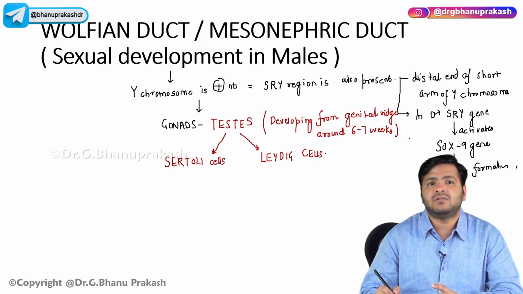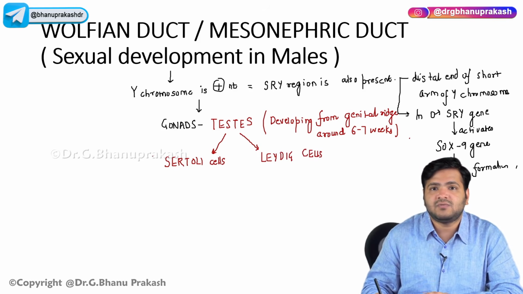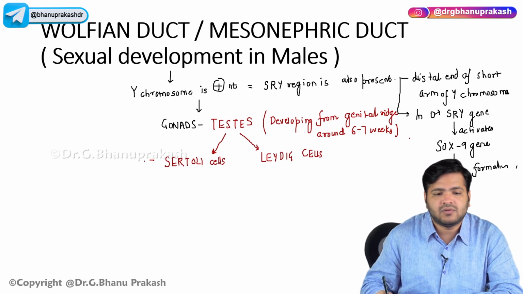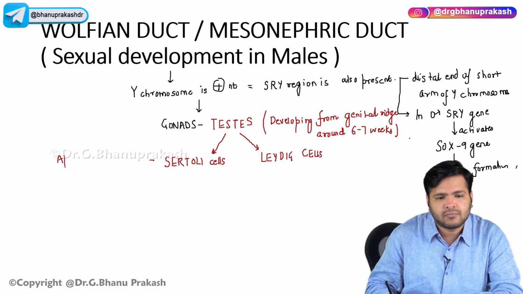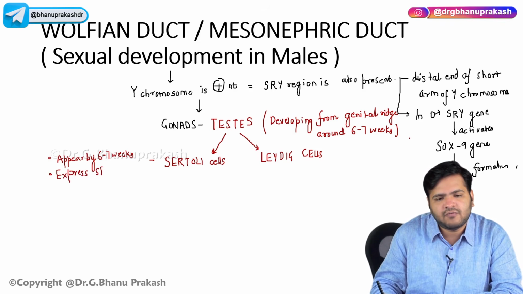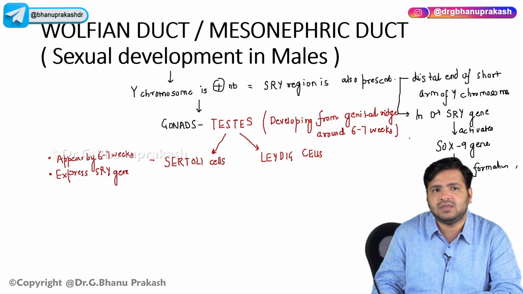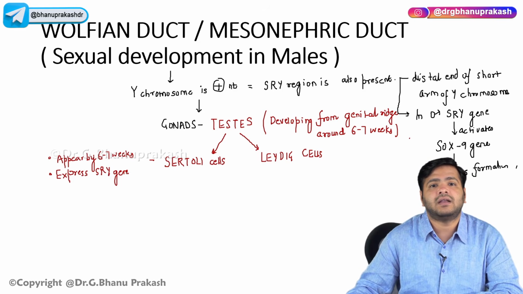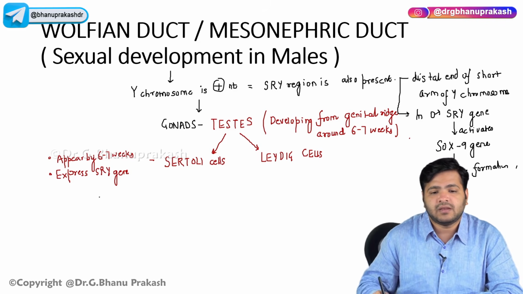Now, the Sertoli cells basically appear by 6 to 7 weeks, and they express the SRY gene. That will be responsible for the release of two important substances from the Sertoli cells.